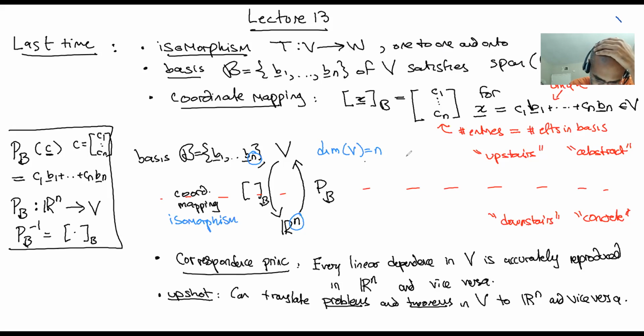Another way of thinking about this is that upstairs you have things like polynomials, some kind of abstract vectors, and down here you have names of things. Don't subscribe to this if you don't like it, but some people prefer this. What this is saying is that whatever's going on with the things upstairs has a shadow downstairs, and exactly the same corresponding thing is going on downstairs.